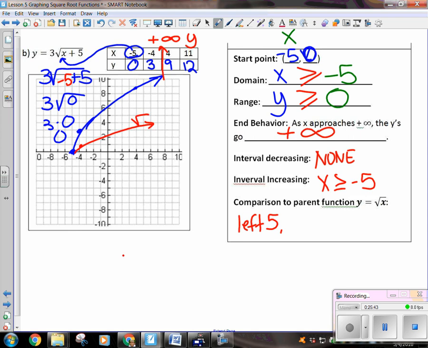This is the original. That one got stretched vertically up by a factor of 3. So in other words, it's almost like you grab it on a chain and you pull it up and it goes up higher.